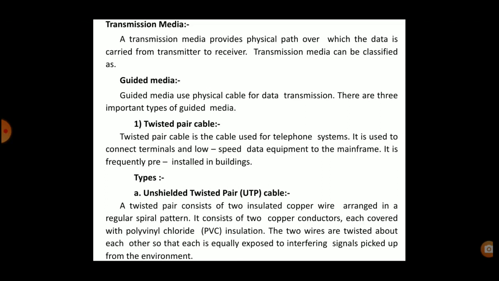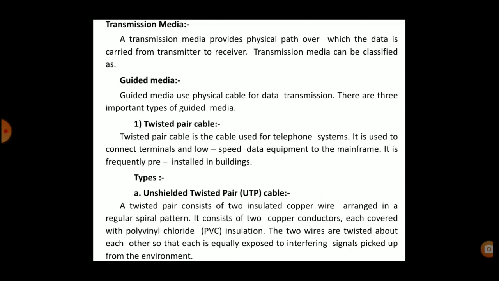There are three important types of guided media. Twisted pair cable. Twisted pair cable is the cable used for telephone systems. It is used to connect terminals and low speed data equipment to the mainframe. It is frequently pre-installed in buildings.